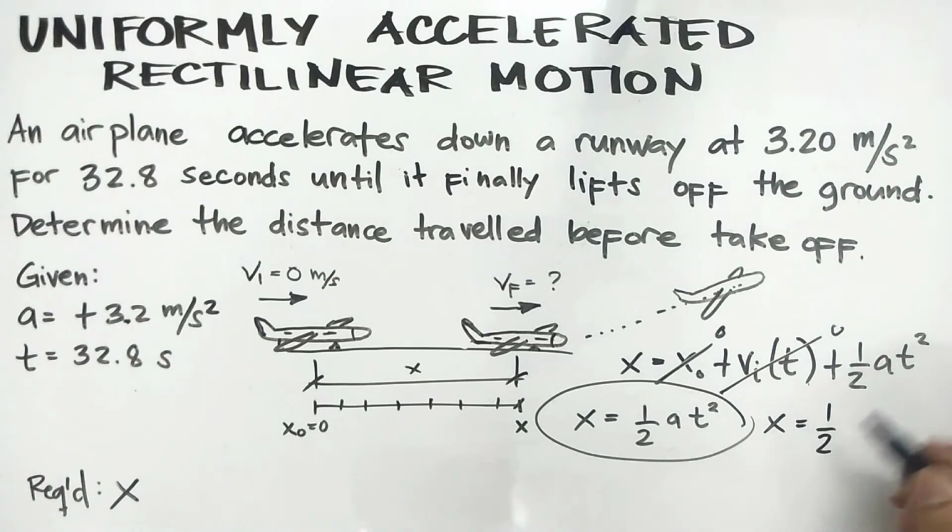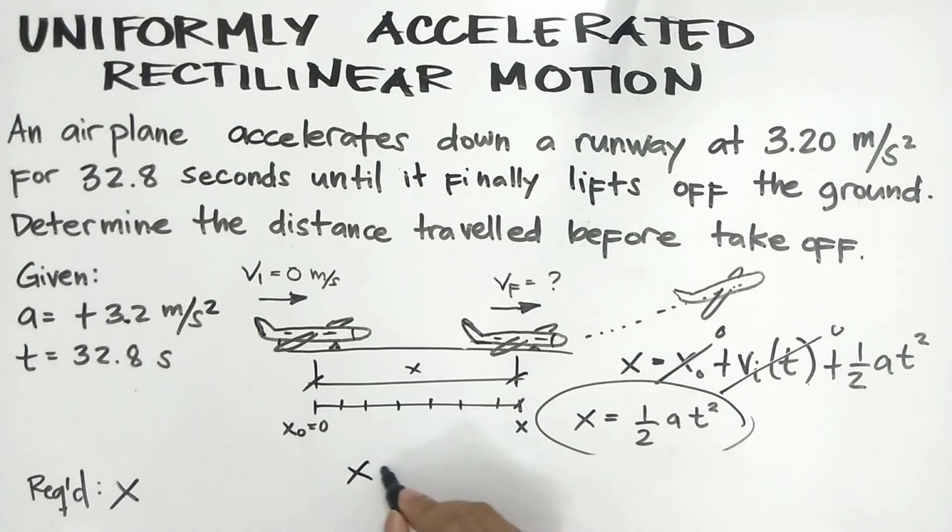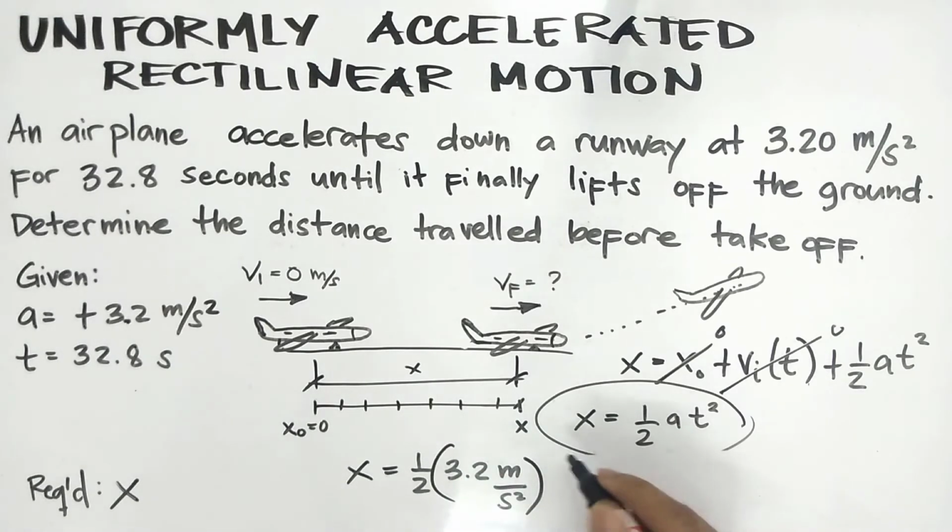This is 1/2 of acceleration, 3.2 meters per second squared, and the time is 32.8 seconds. Let me transfer this here. x is equal to 1/2 times 3.2 meters per second squared, the time is 32.8 seconds.